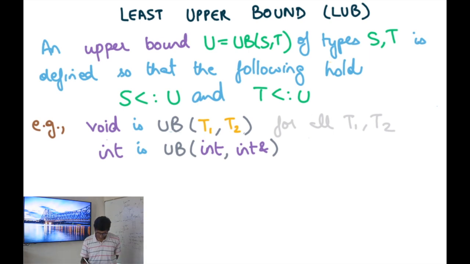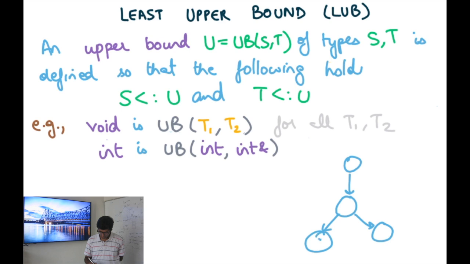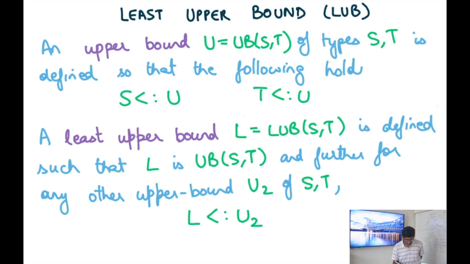Okay, so now that we understand what an upper bound is, diagrammatically speaking, if I draw my subtyping relation, the partial order, as a diagram, and let's say this was S and this was T, then all common ancestors of both S and T represent the upper bounds of S and T, and there could be multiple upper bounds for two types.